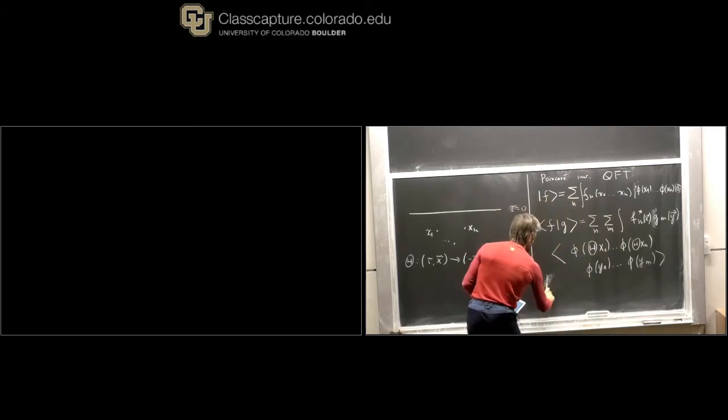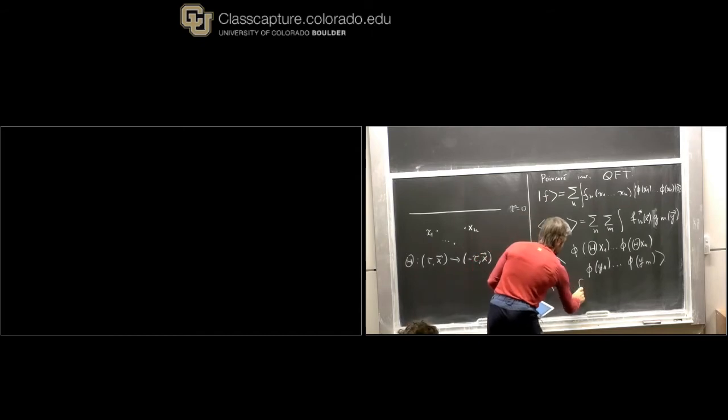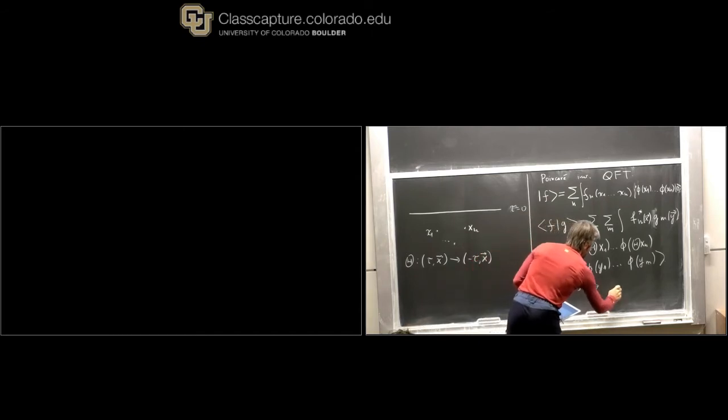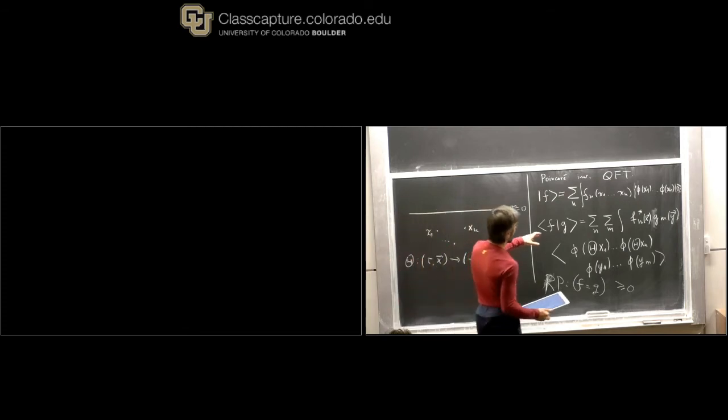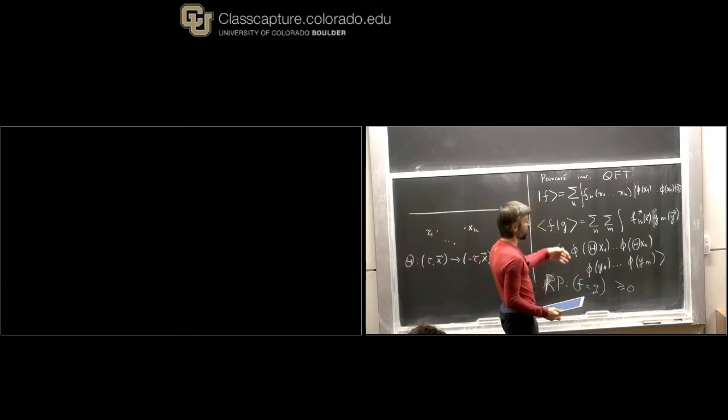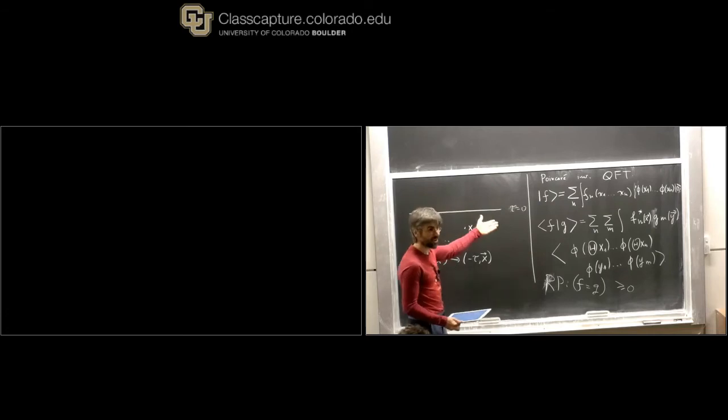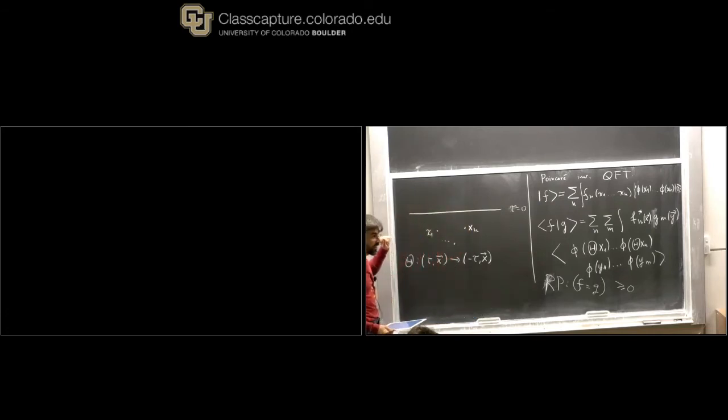This is RP. Then I can play the same trick. I can complete my Hilbert space according to this norm, and I get the Hilbert space of states living on this plane tau equals 0.